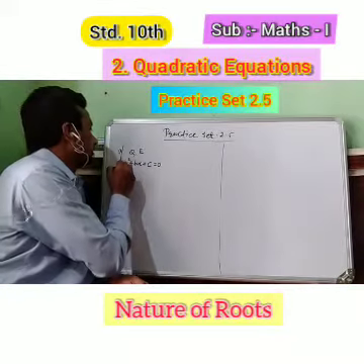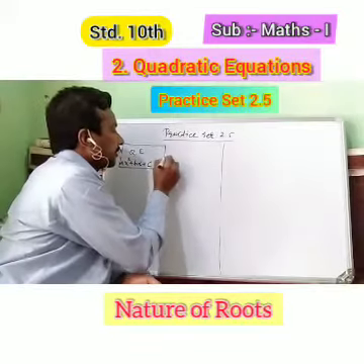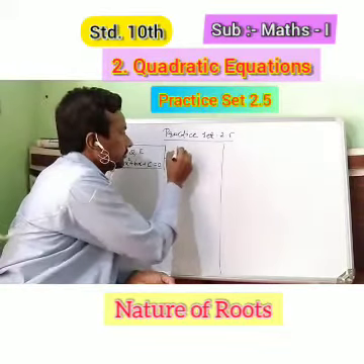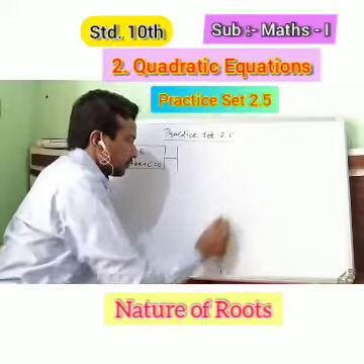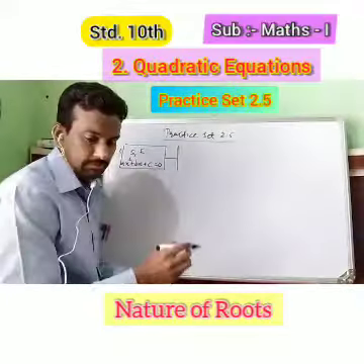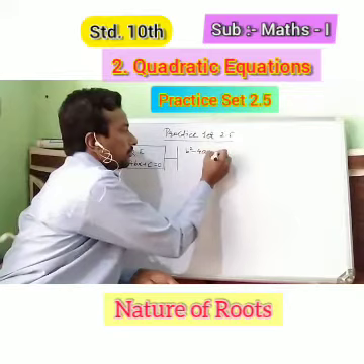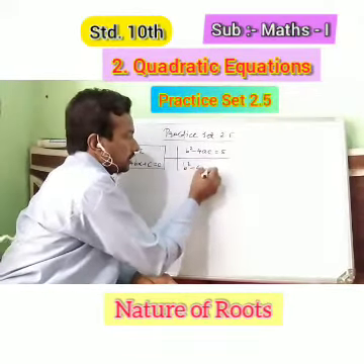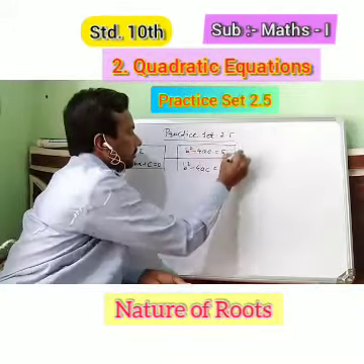And it is given that b square minus 4ac is equal to 5, and b square minus 4ac is equal to minus 5.